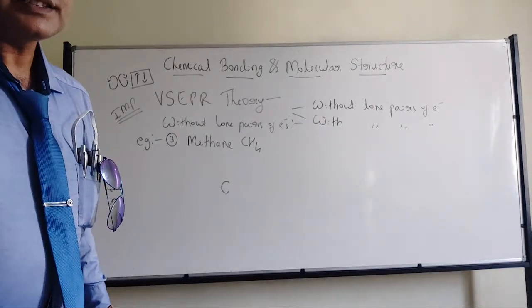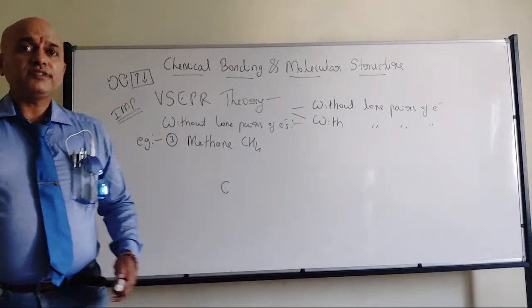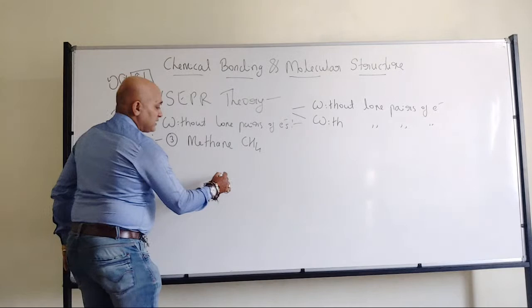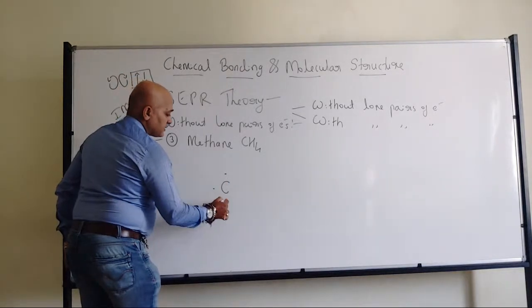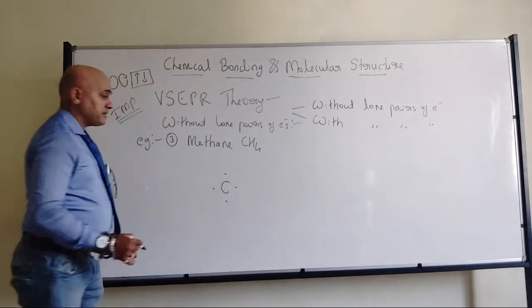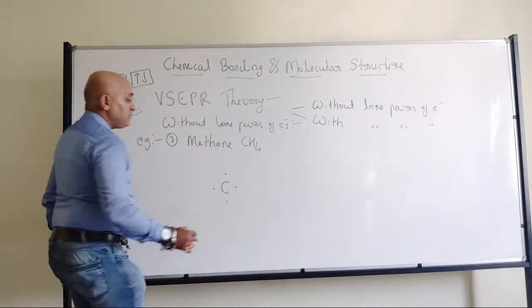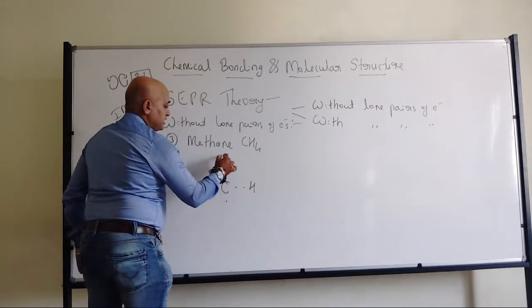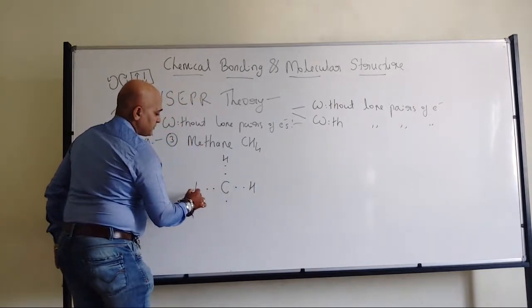Yes, very good. All of you right. It will be 4 valence electron. That's where I can mention the Lewis symbol for the carbon. Now it is making the bond with the hydrogen. How many hydrogen? 4 hydrogen.